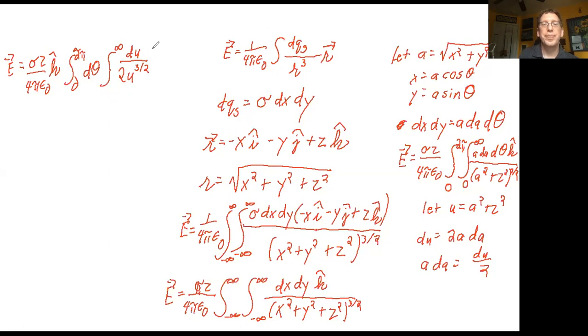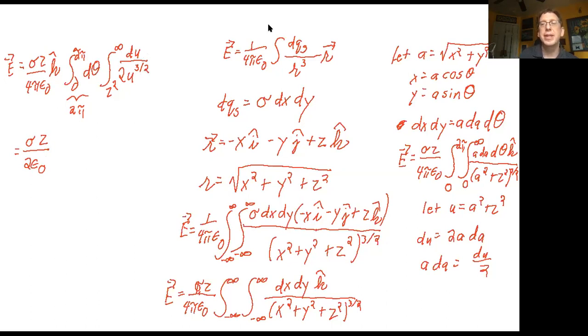Let's work on this a little bit more. So this term becomes 2 pi, and we can write this as sigma z over 2 epsilon naught. And then you're integrating du over u to the 3 halves.